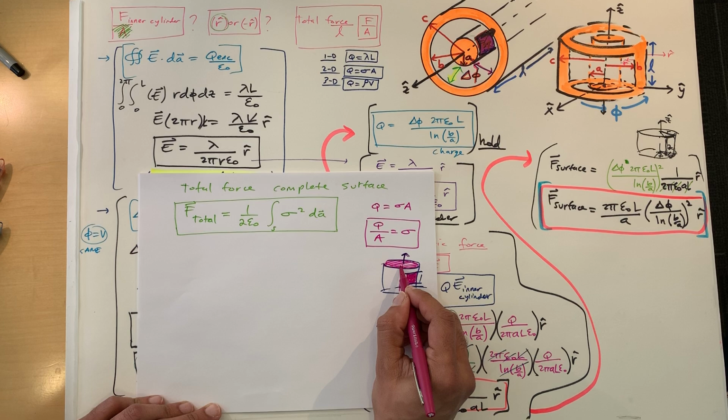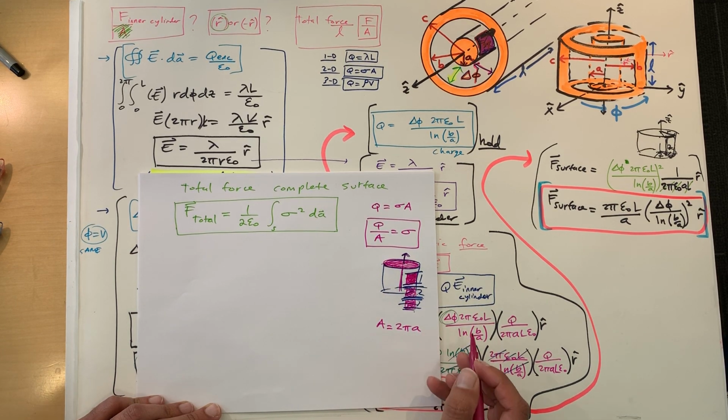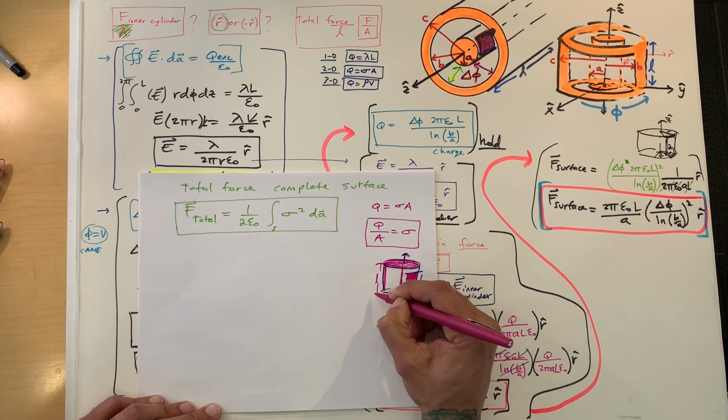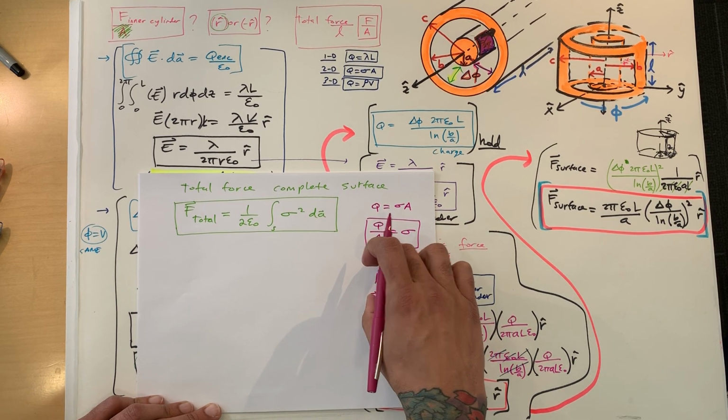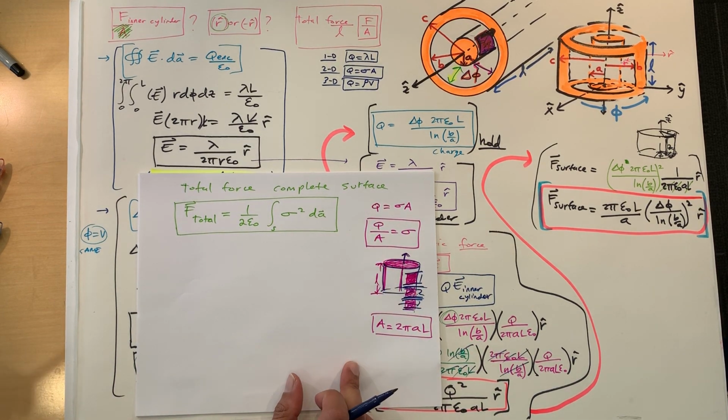So we want the area of this disk, so 2 pi A, and the length here of how long we're going to make the measurement for, and so times L. So that's our area. Okay, so we need those two things.